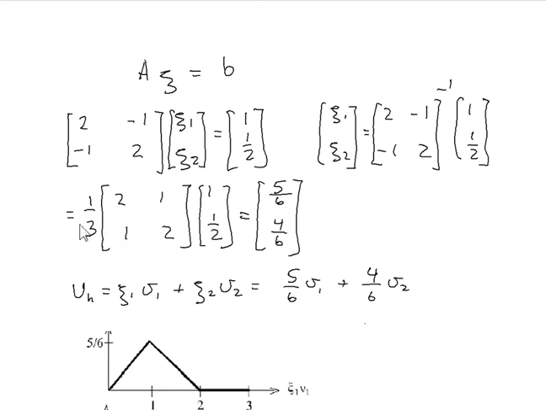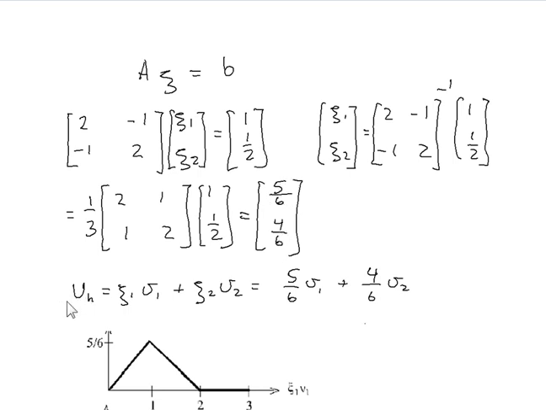So our result is that the xi vector is equal to, when we multiply this matrix with this vector, we get 5/6 and 4/6 here. So this is xi1 and this is xi2.